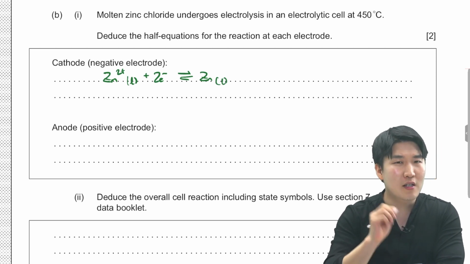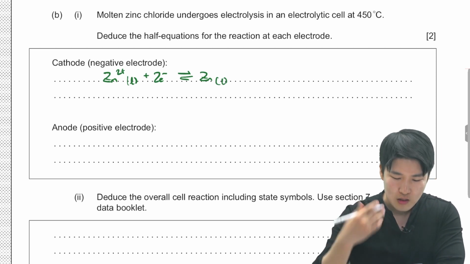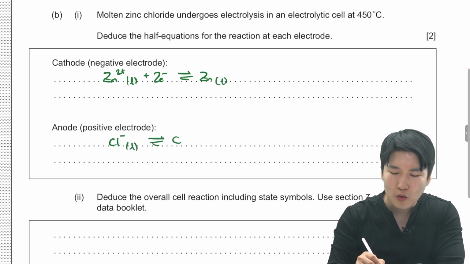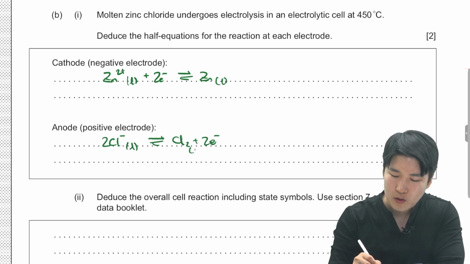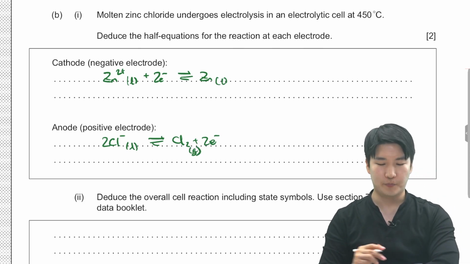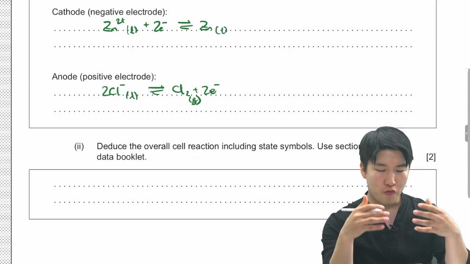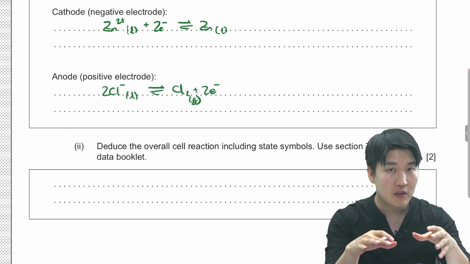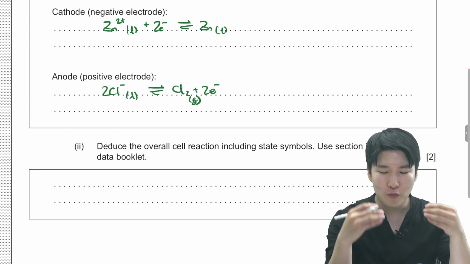We don't need to be concerned about chlorine because chloride ion will be oxidized into chlorine gas without any doubt.